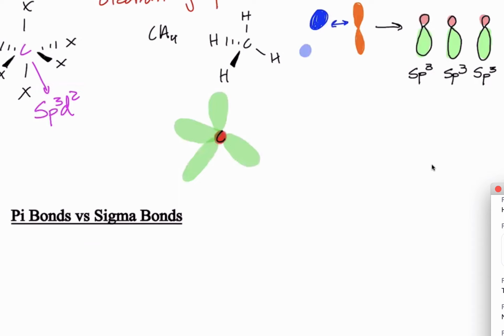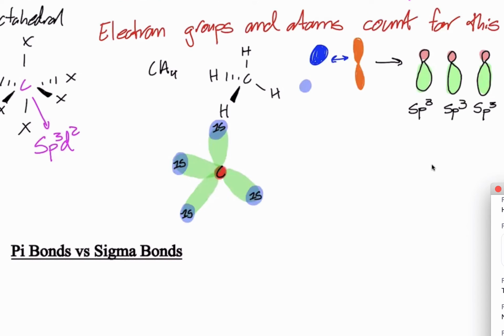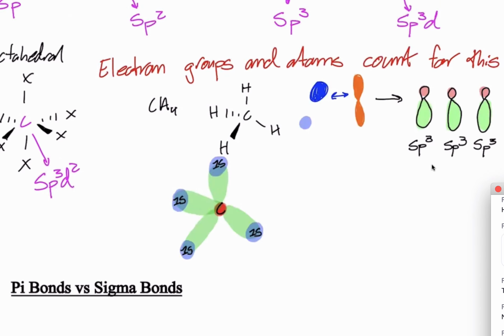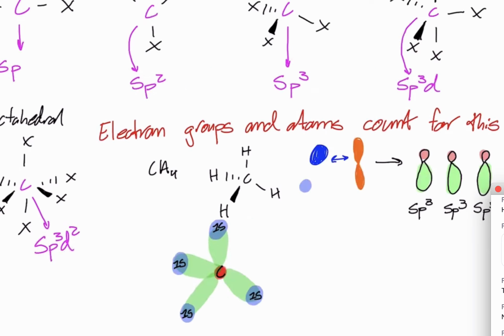So each of those sp3 hybridized orbitals are going to bond with the 1s orbitals of the hydrogen. Okay, so each of those are 1s. So in summary, the 4 sp3 hybridized orbitals bond with the 1s orbital of the hydrogen. And that's what CH4 actually is in terms of its electrons, okay?